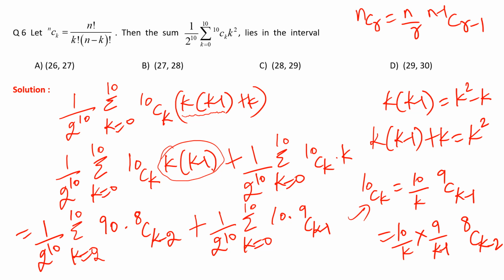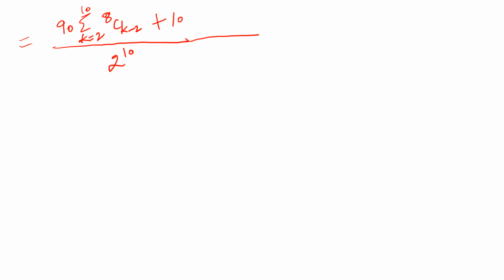Now we move further. Now this expression will become, in the denominator, 2 to the power 10. In the numerator, 90 will be taken out common from the first summation. So 90 into summation k varying from 2 to 10, 8C(k minus 2), plus 10 we can take out common from the second summation.